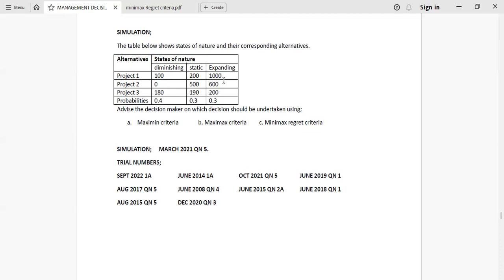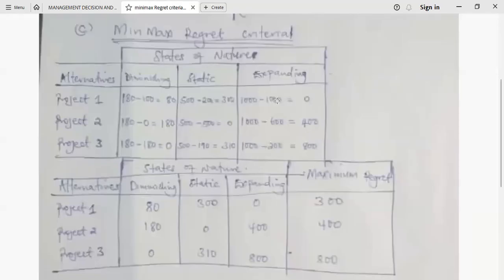So 1000 minus 600, you remain with 400. This one we earned 200, but we would have earned 1000. So 1000 minus 200, we remain with 800. And that's it. This is what we did here: 1000 minus 1000 gives 0, 1000 minus 600 gives 400, and 1000 minus 200 gives 800.